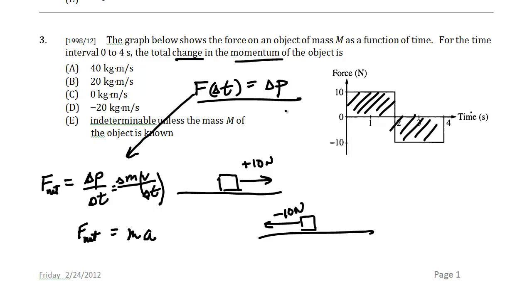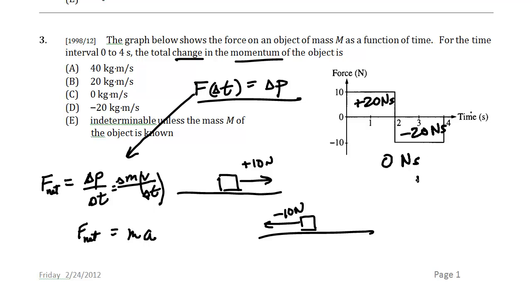Back to the problem at hand. The change in momentum is equal to force times time, and that is the area under the curve. The area in this part is positive 20 Newton seconds. The area here is negative 20 Newton seconds. Total 0.